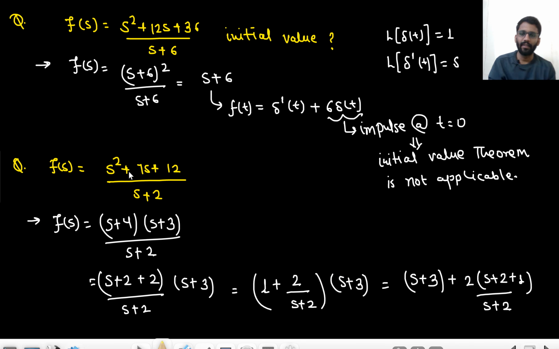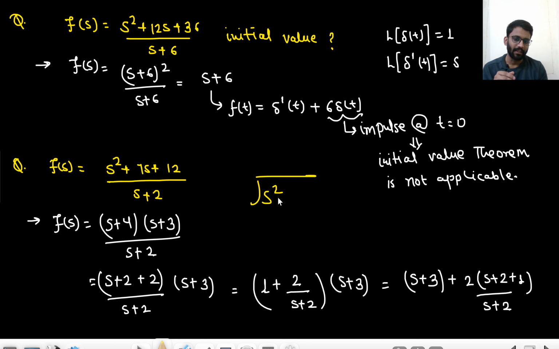Here in this example, degree of numerator was higher. Degree of numerator was 2, here it was 1. Here it was 2, here it was 1. So degree of numerator was higher and degree of denominator is lower. So whenever there is this case, there will always be one impulse for sure. Take any example and solve it. Or you can think about what you are doing: you are dividing this function by this.